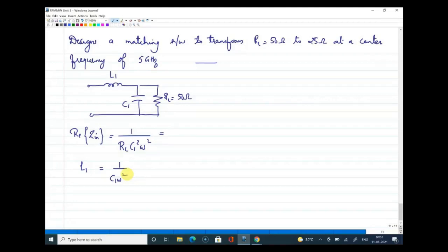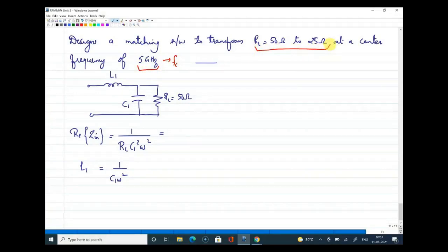So, can I get the values of C1 and L1 if you assume that the Q factor is much larger than 1? There are important things to understand from this question. One thing is the center frequency, the operating frequency. Another thing is it is given that RL should be transformed from 50 to 25.